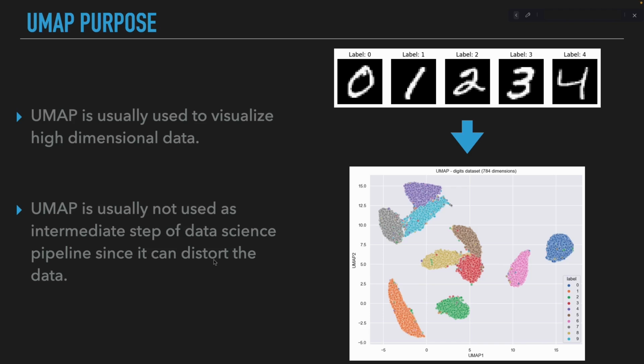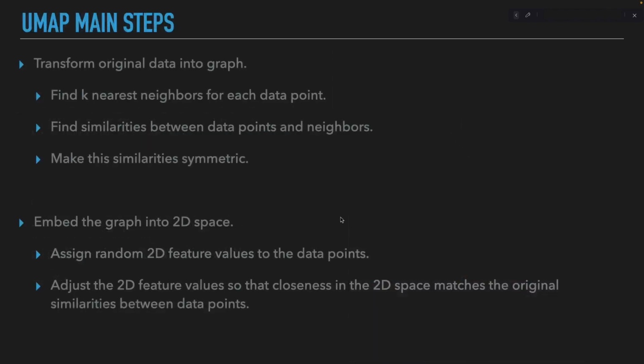So if you want to, for example, cluster the lower dimensional representation of the data, you should run PCA and select the number of components that explain a high percent of variation in the dataset, and only use UMAP for visualizing this data.